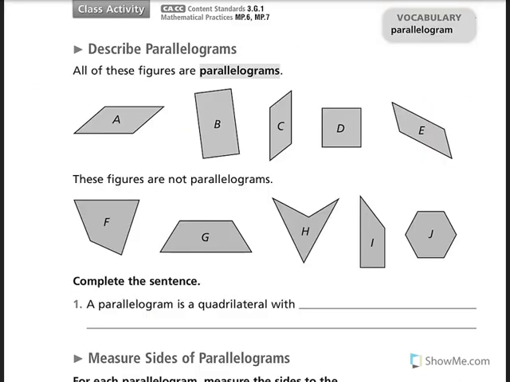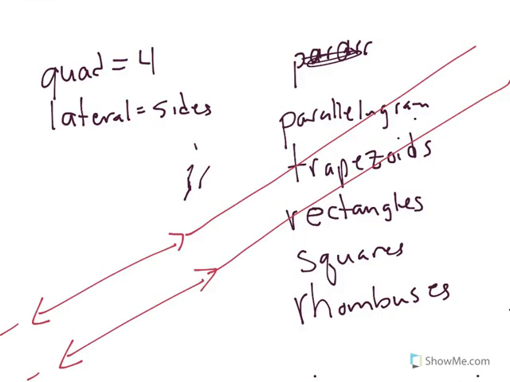If you look at these lines right here, this line eventually will intersect or touch with that line, right here. So these are not parallel. These ones, though, would be parallel.